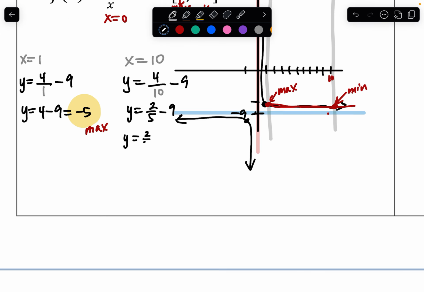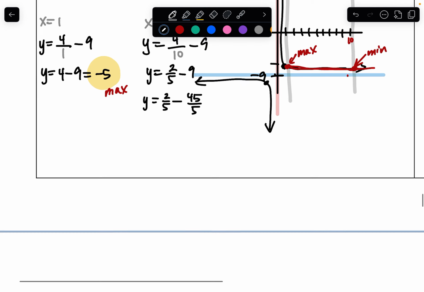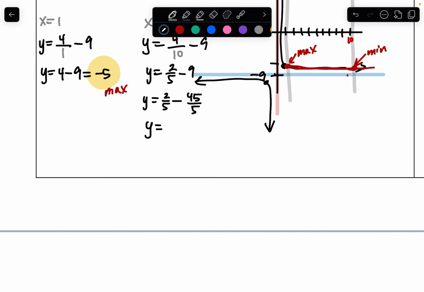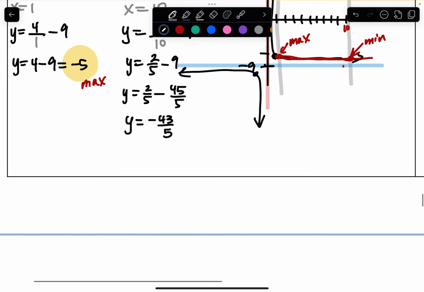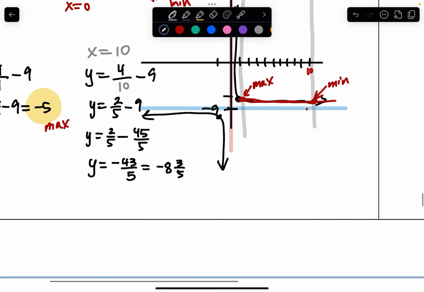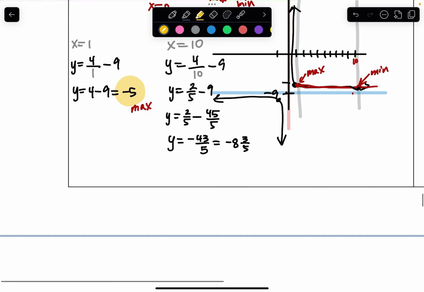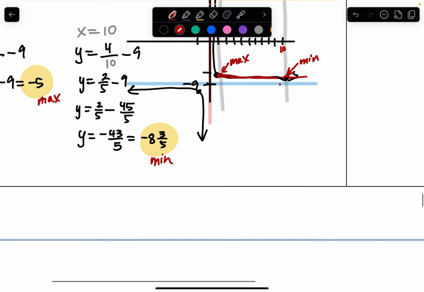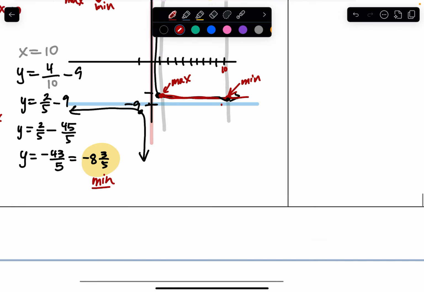If we get a common denominator, 9 is the same as 45/5. So -43/5. If you want to convert that to a mixed number, -8 and 3/5. And so getting closer to the -9, but not quite there yet. That's our min. Obviously lower than the max.